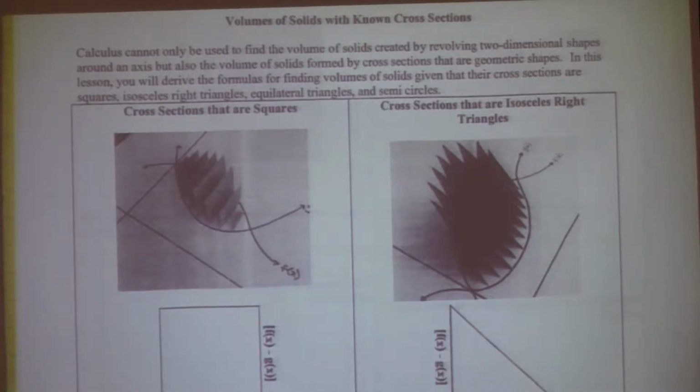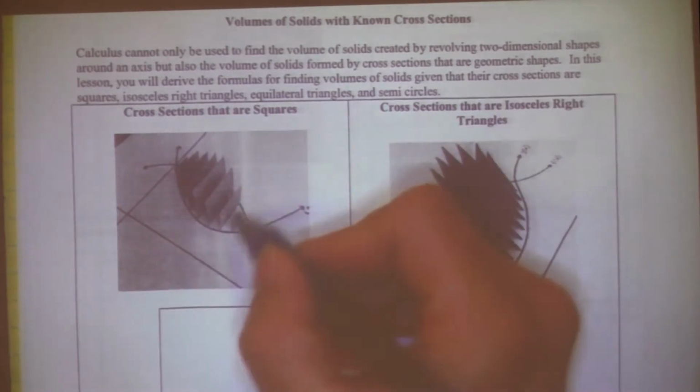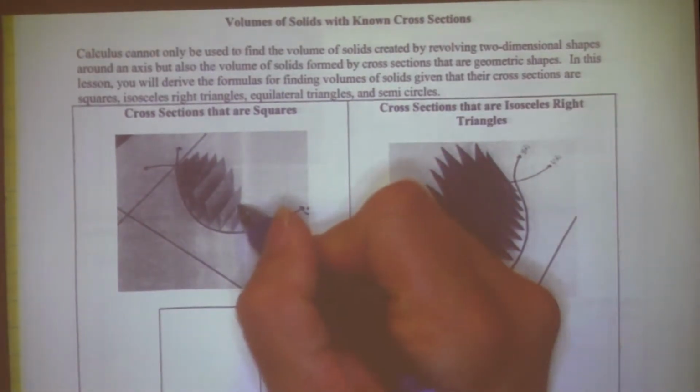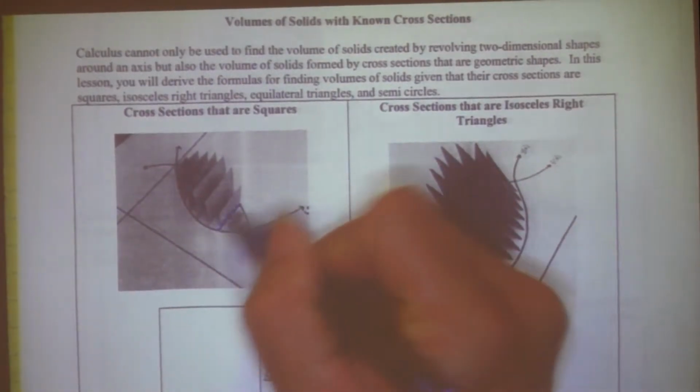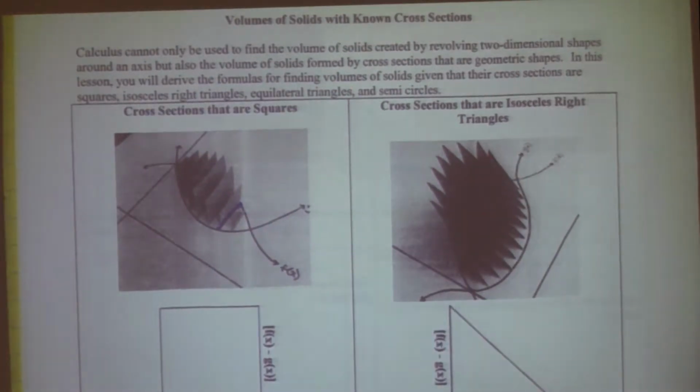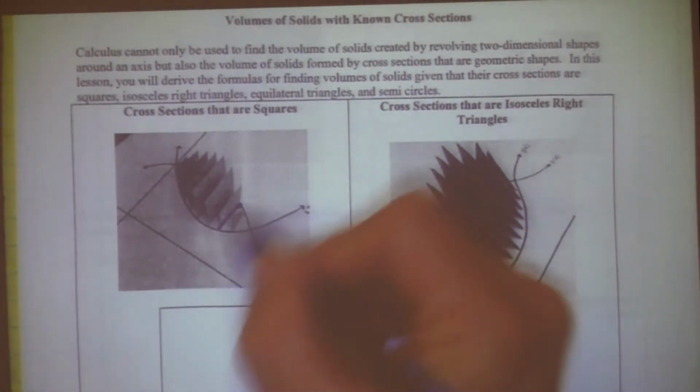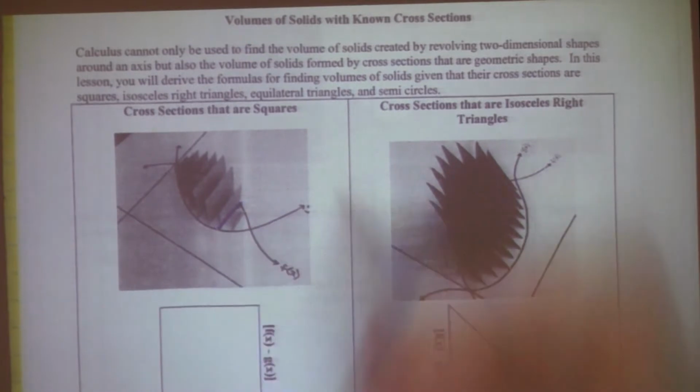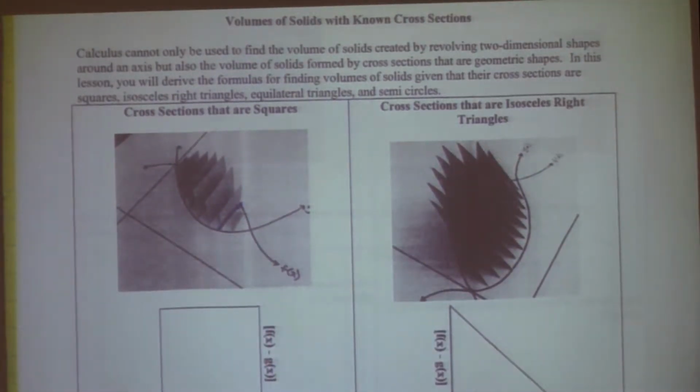Alright, so you can see that they're putting these square cross sections inside of the shape, and the base right there, this length down here at the bottom, I can find by doing the top function minus the bottom function. That's why they did f of x minus g of x.